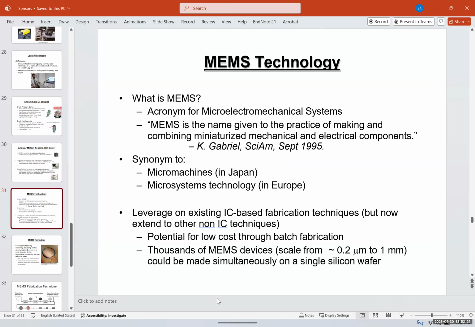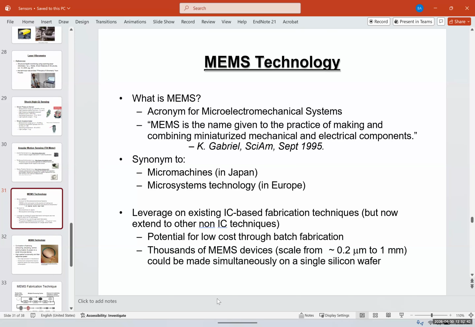Sometimes we also call them micro machines, and microsystem technologies in Europe and Japan. It leverages existing IC-based fabrication techniques, but now extends to other non-IC techniques.